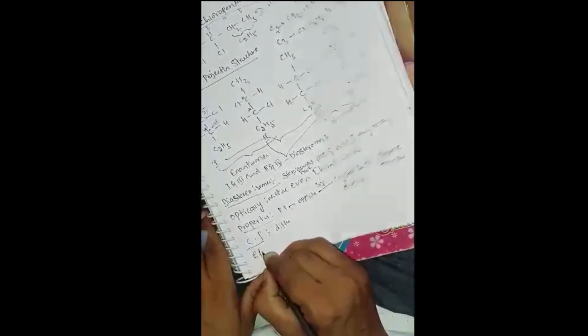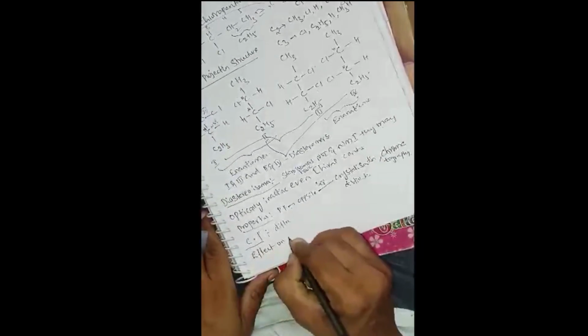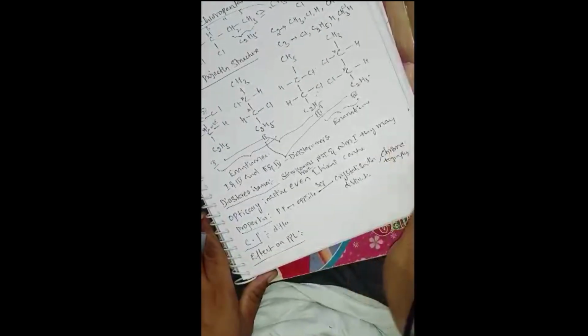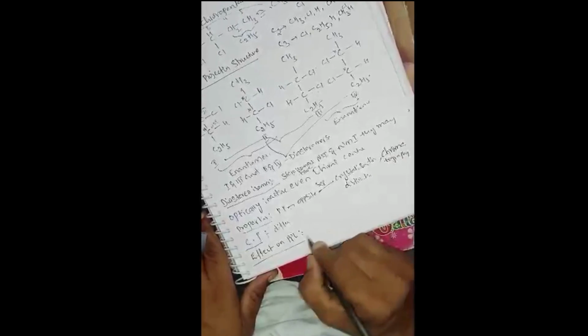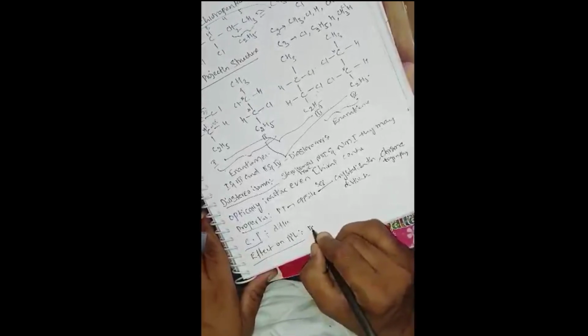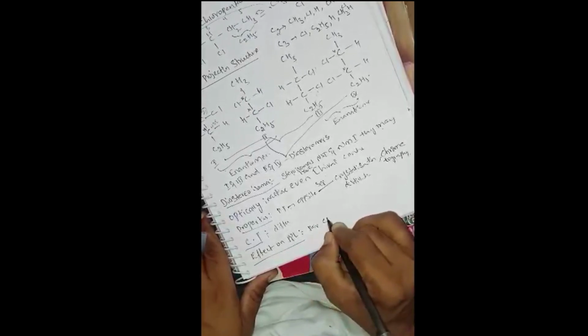The next one is the effect of diastereomers on plane polarized light. In enantiomers, one isomer rotates the plane polarized light clockwise and the other rotates it in the opposite direction. Whereas diastereomer pairs may rotate the plane polarized light in the same direction.